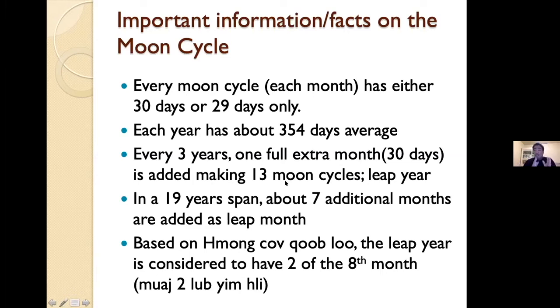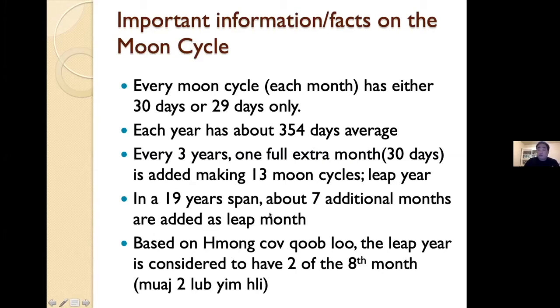There are 10 days missing from the 365-day Gregorian calendar. If you base it on the lunar calendar, there are only 354 days on average. So how do you solve that?